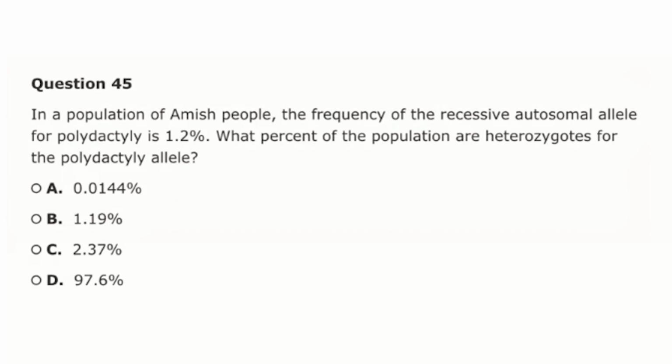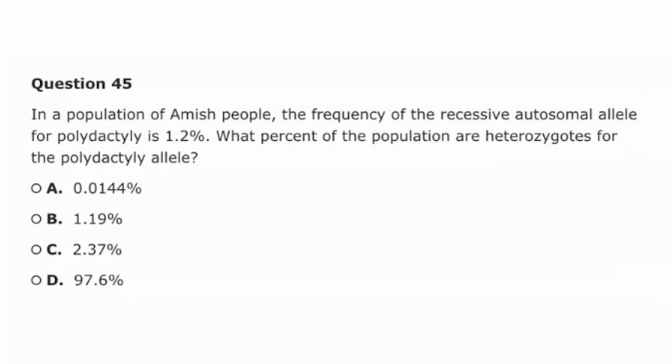For those who don't know, polydactyly is having more than 5 digits. The frequency of the recessive autosomal allele is 1.2%. What percent of the population are heterozygotes for the polydactyly allele?